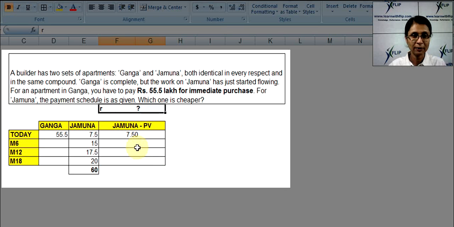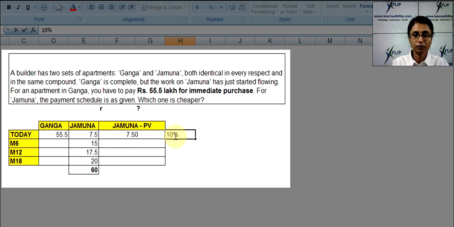We take an R which is relevant to the situation. What does that mean? Now, in this particular case, let us say that instead of investing in Jamuna, your money is sitting in a fixed deposit which is giving you 10% per annum. So, therefore, let us use that as our discount rate, 10% per annum, and find out what the present value is.